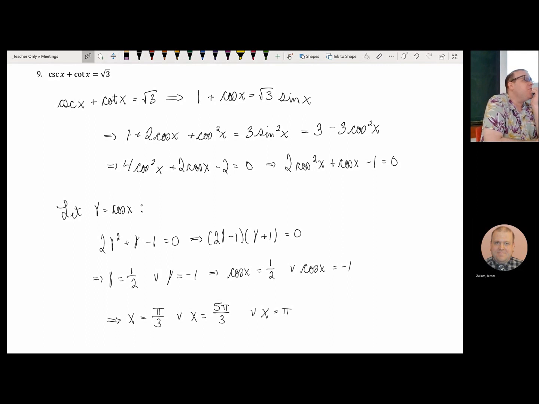Cotangent of pi over 3 would be root 3? No. Be 1 over root 3. 2 over root 3 plus 1 over root 3 is 3 over root 3, which is root 3.